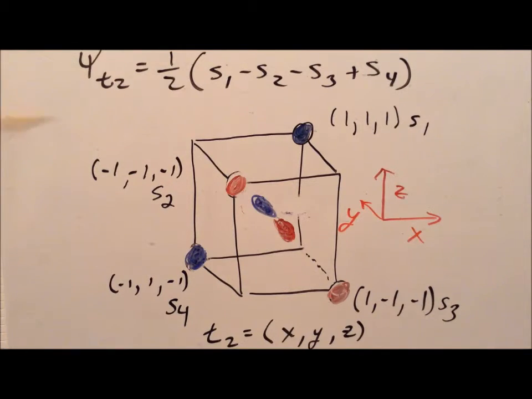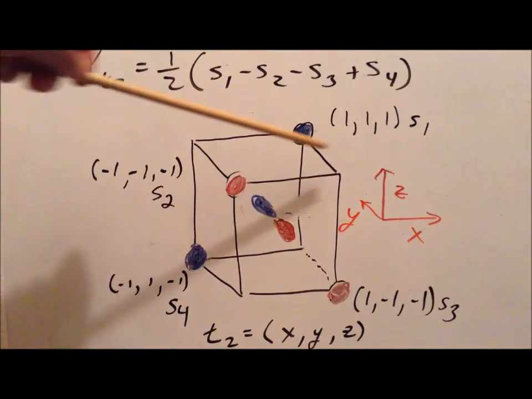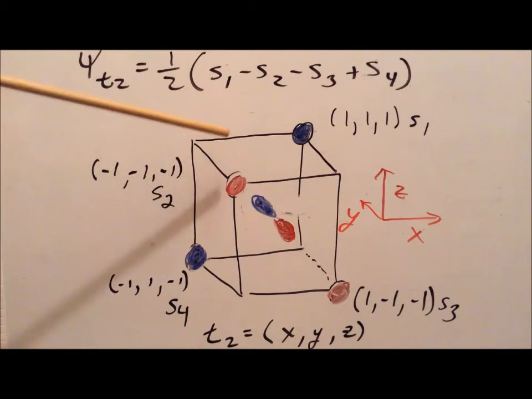Positions where we pass through zero in the molecular orbital are called nodes. This particular orbital has a single node. In fact, we'll see that all the T2 orbitals have exactly one node. Whenever we have degeneracy, not only do the orbitals have exactly the same energy, but they have to have exactly the same number of nodes.